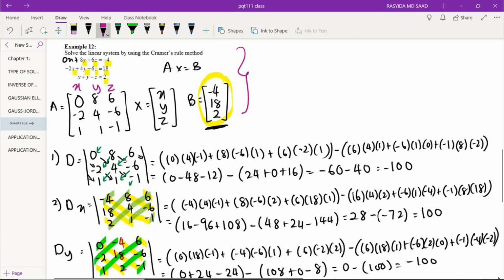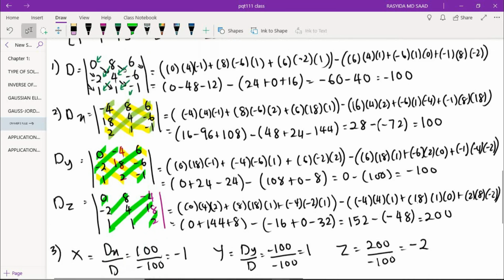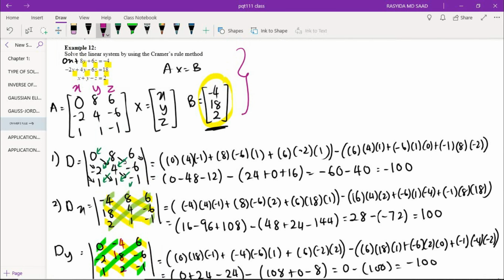Okay, as we know, the first one, the value of x is equal to negative 1. So we use the second row or the second linear equation, 2 times negative 1 plus 4 times 1 minus 6 times negative 2.